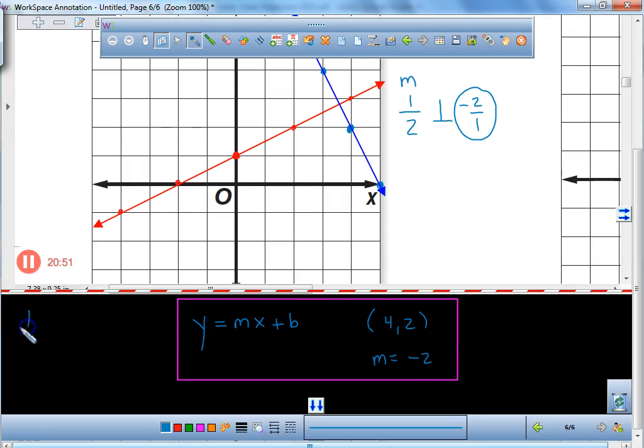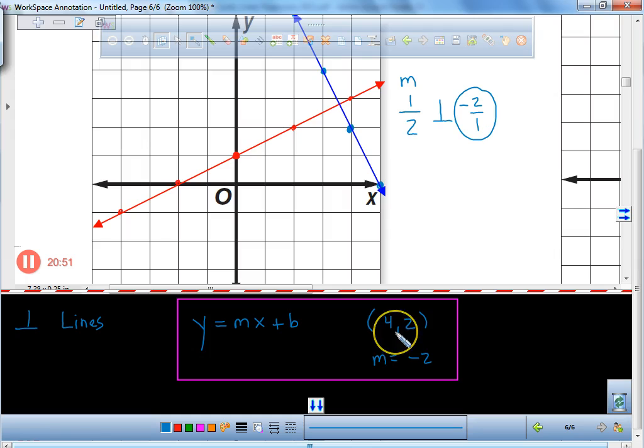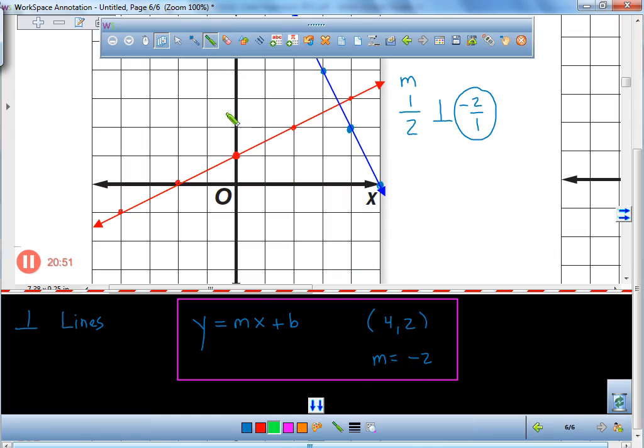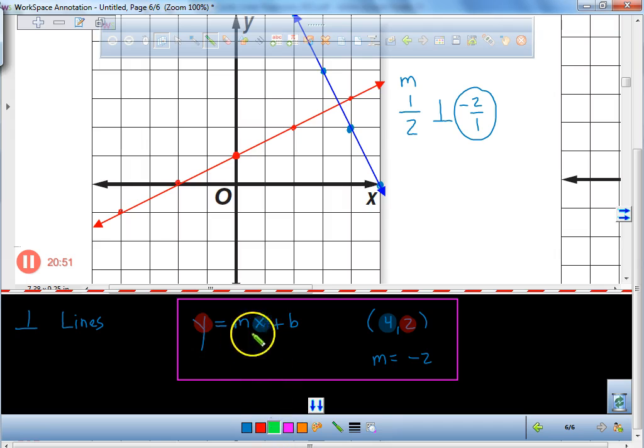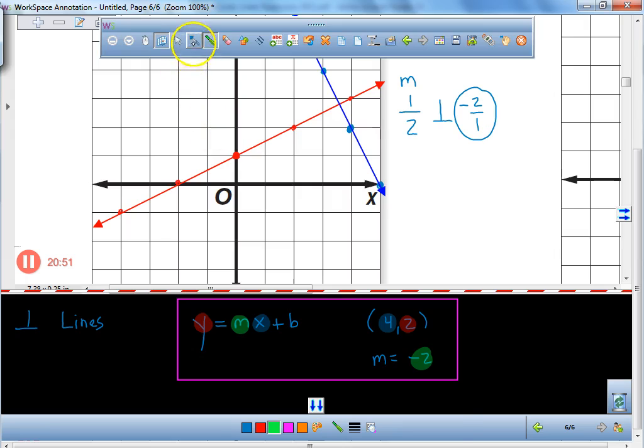Right now we're dealing with perpendicular lines. This is your slope, and there's the ordered pair that you have to use. While you're writing that down, I'm going to carefully set it up. There's my x value. I'm going to plug in here. There's my y value. I'm going to plug in right there. And here's my slope that I'm going to plug in right here.